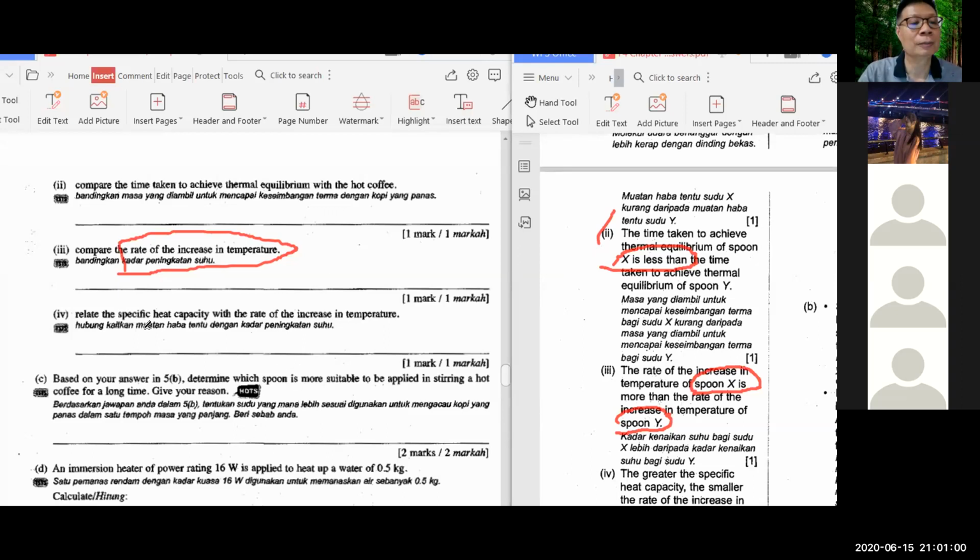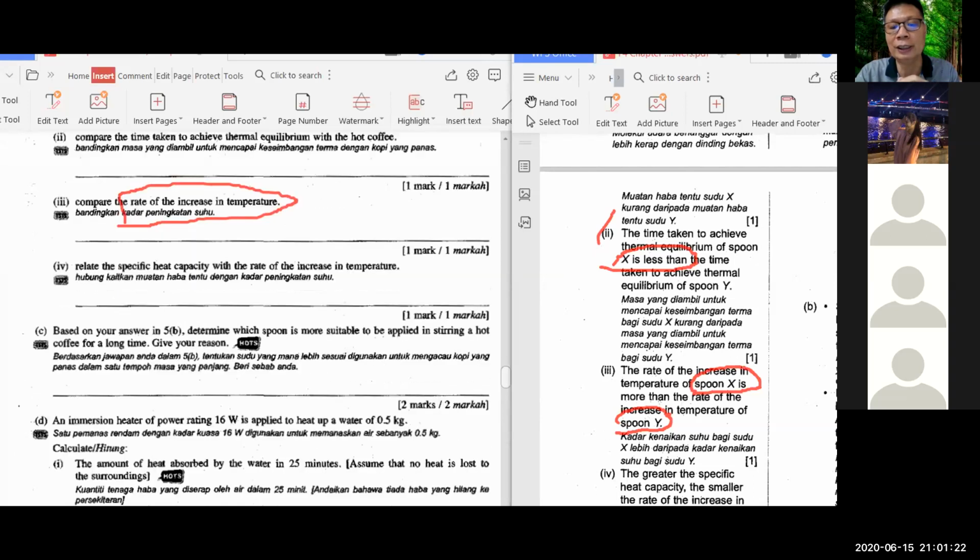Next. Relate the specific heat capacity with the rate of increase in temperature. You already know, the smaller the specific heat capacity, the higher the rate, or you can write it another way: the bigger the specific heat capacity, the lower the rate.